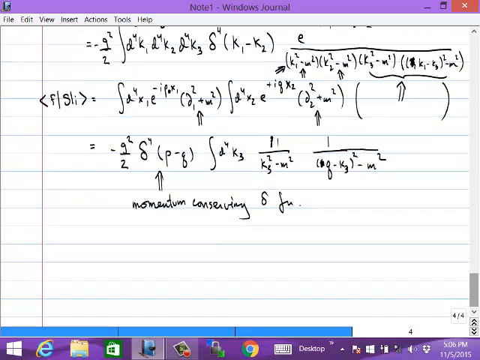So what is the story that you would tell yourself when you're writing down this Feynman diagram?